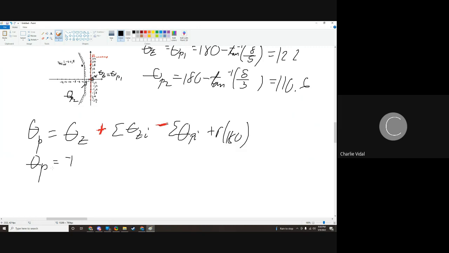No, this is positive. Because theta pi, yeah. Okay, so this is positive. 110.6. Sorry, I'm doing it wrong from the start.